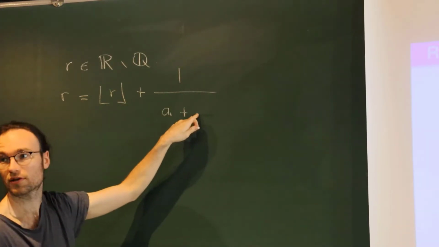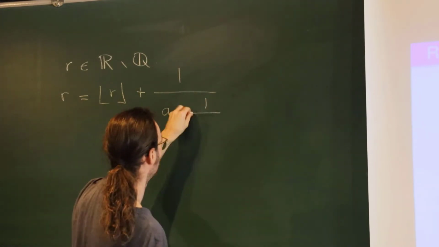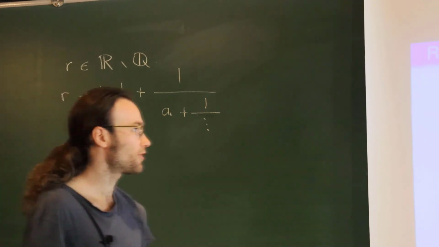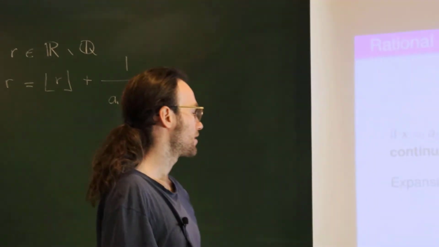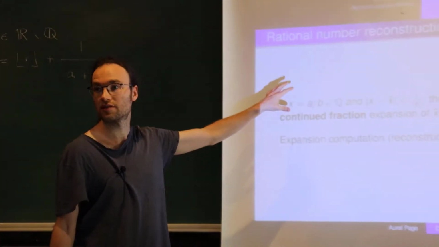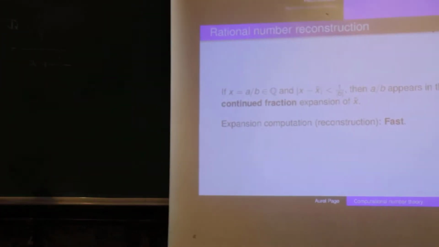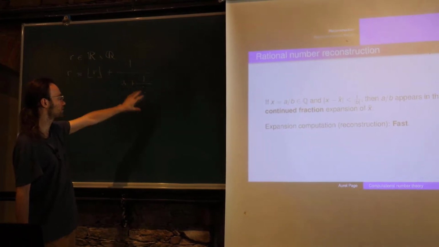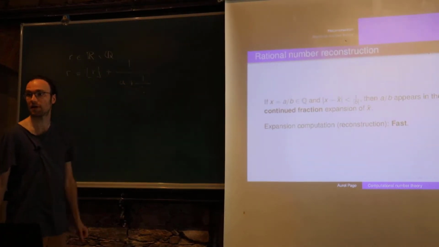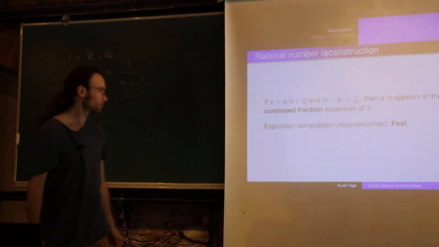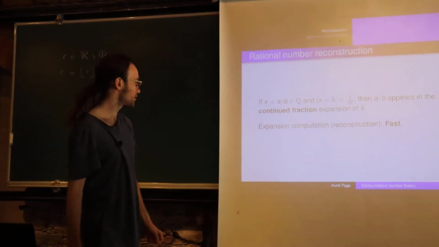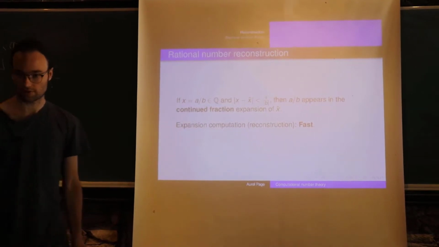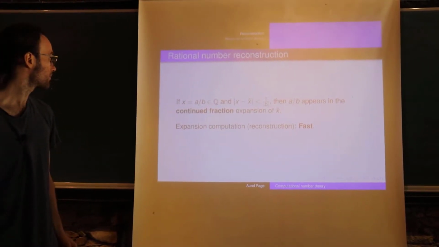And then here you'll get something less than 1, etc. And the theorem tells you that every good rational approximation of a real number appears as one of the fractions that appear if you stop somewhere in this expansion. Okay. And all of this can be done quickly, so that's a way of reconstructing rational numbers.